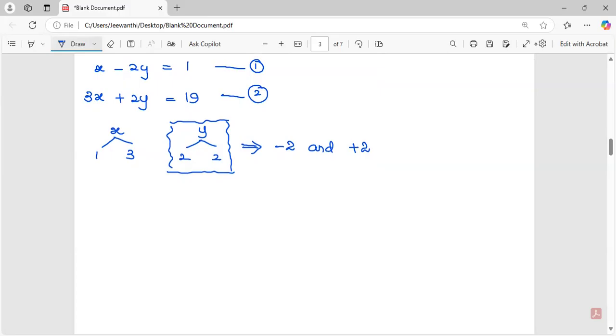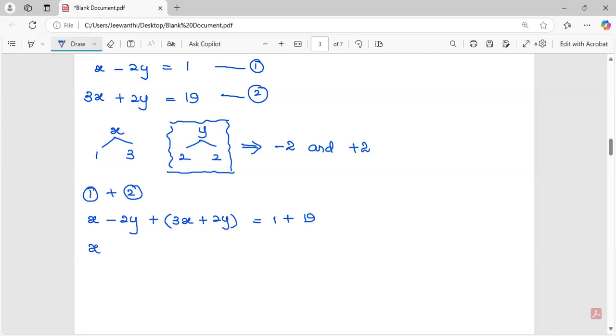We just add the equations. So how I'm going to write it here, 1 plus 2. So x minus 2y plus, that means you are going to add the second equation. So then we open the bracket and I write 3x plus 2y equal to 1 plus 19.